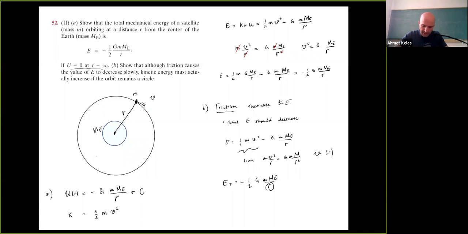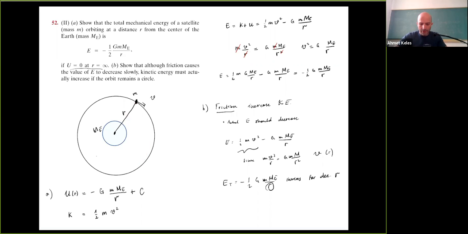Here's my total, minus 1/2 G m_e m over r. So if r decreases a little bit, or if, what am I saying? If r increases a little bit, sorry, there's like a minus. If r decreases a little bit, total energy will decrease, right? Decreasing r. But if r decreases, that's the catch, the force, centripetal force increases, right? If you go to a smaller orbit, you get a bigger force.